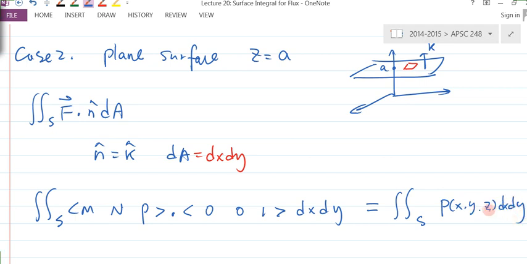Okay, so here's the trick now. What do I do with the z? Z equals a, because this is your surface, z equals a here. So that has to be changed to a. And how do we find the limits for x and y?